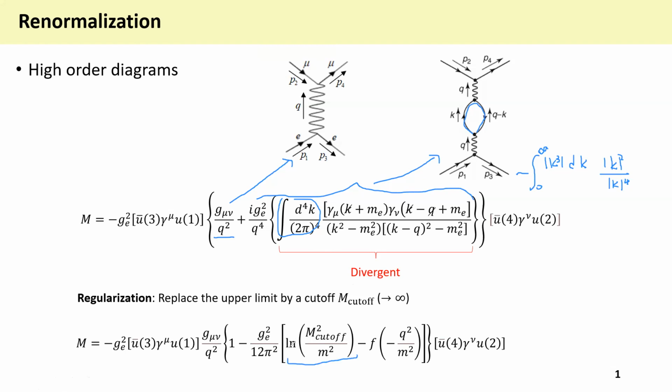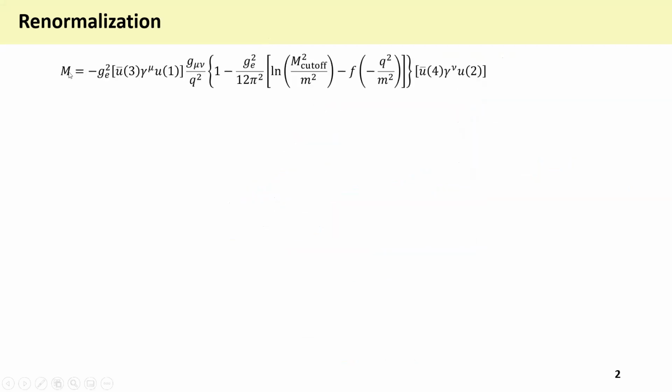One term is this log of M squared over m squared, and this will be the problem of this divergence. And there's another term which is a function of q squared. This is what we get after imposing regularization, but this doesn't solve the problem, because at the end we'll make this cutoff M very large, and this will also make the amplitude divergent.